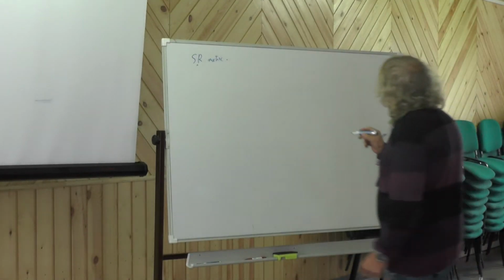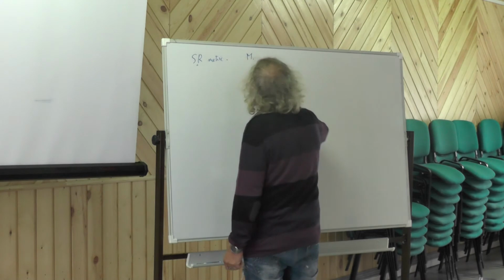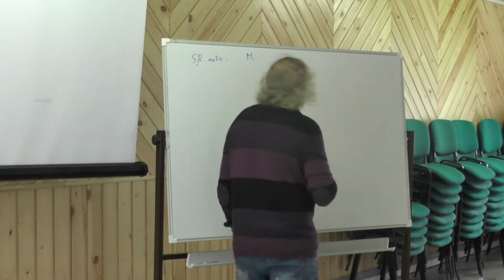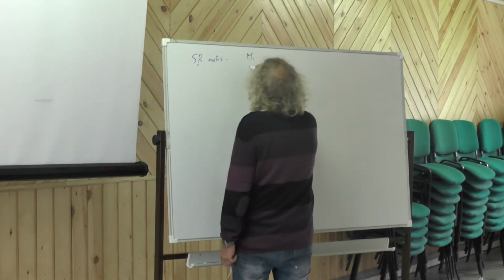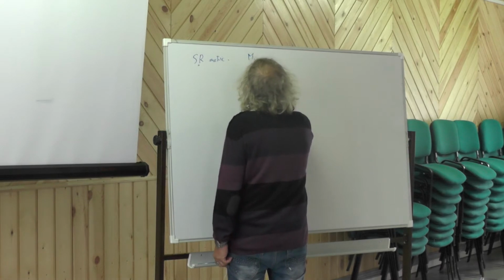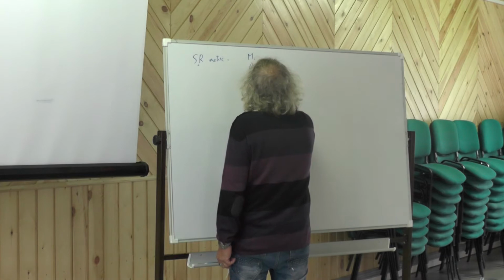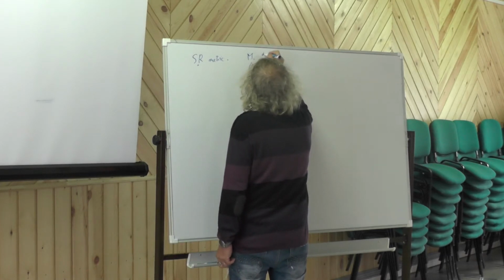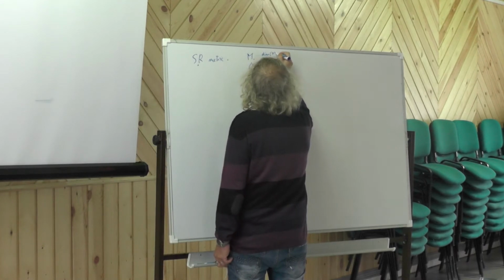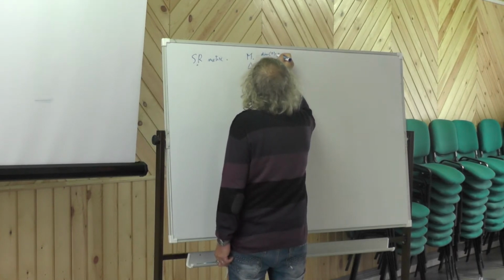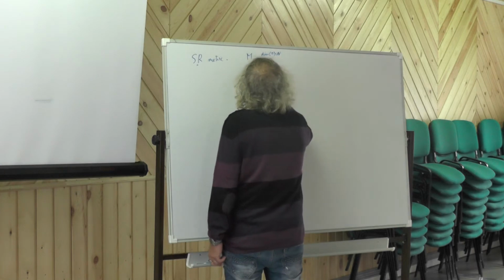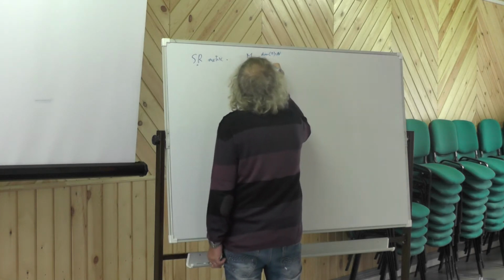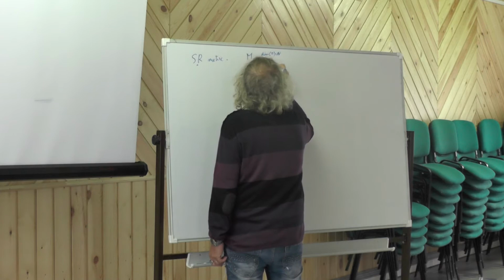You are given a manifold M of dimension n, and a vector distribution delta of rank k.